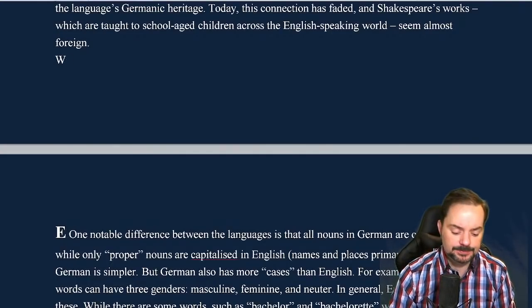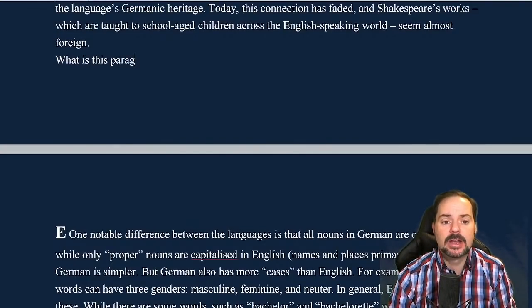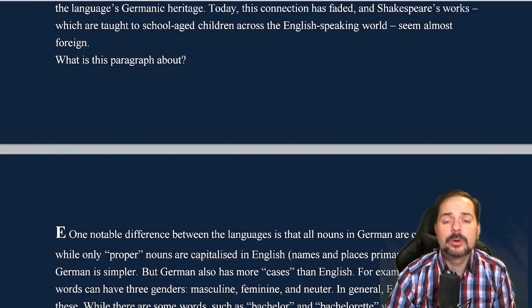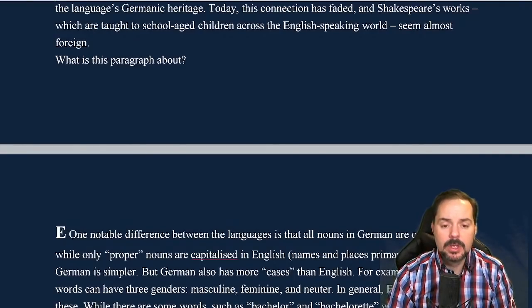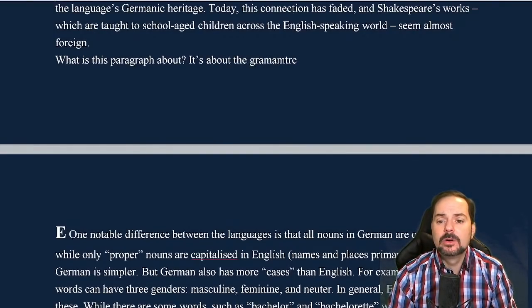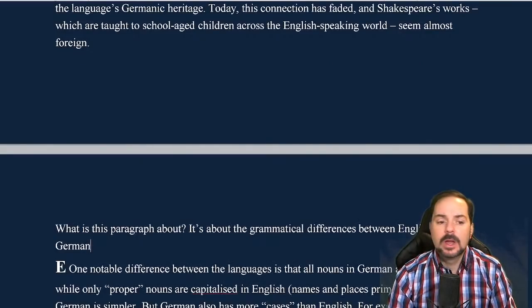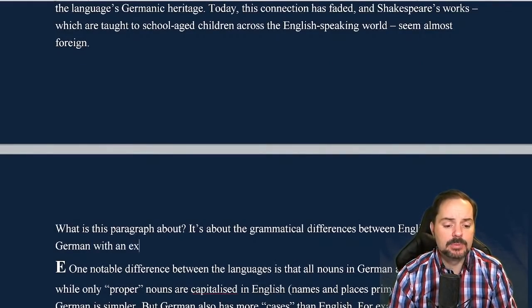So what is this paragraph about? Well, when we're talking about word order, we're talking about grammar. So it's about the grammatical differences between English and German with an example of Shakespeare.